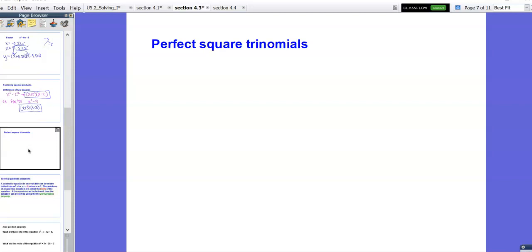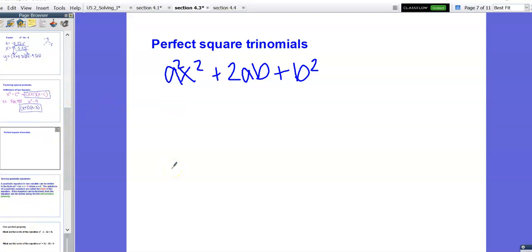So for perfect square trinomials, you'll have something written in the form a squared x squared plus 2ab plus b squared.